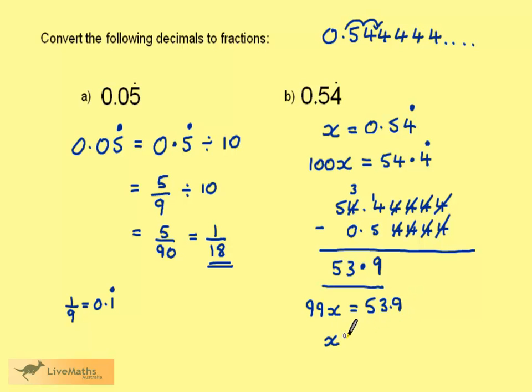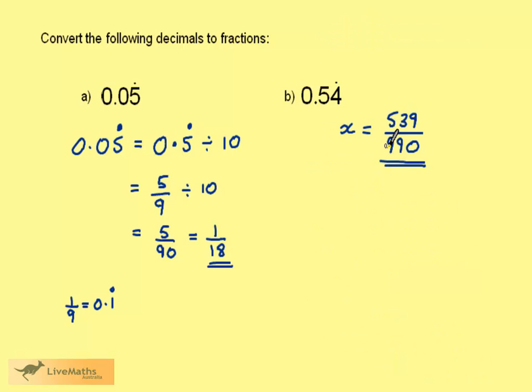That means that x is 53.9 divided by 99, and for a fraction we can't have a decimal in the numerator. Multiplying top and bottom by 10 gives 539 over 990.